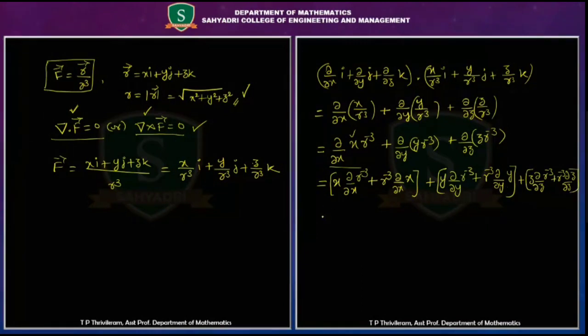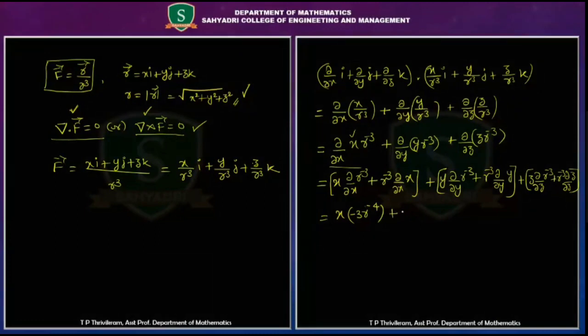Correct. Now just simplify this. x into the differentiation of r power n is n into r power n minus 1. So minus 3 minus 1, you get minus 4.